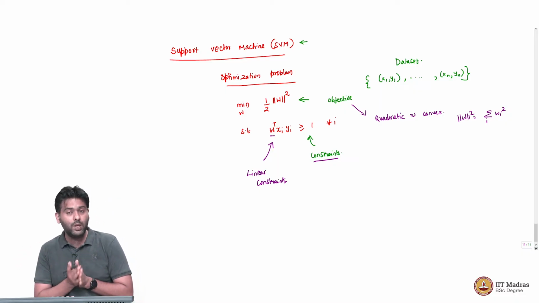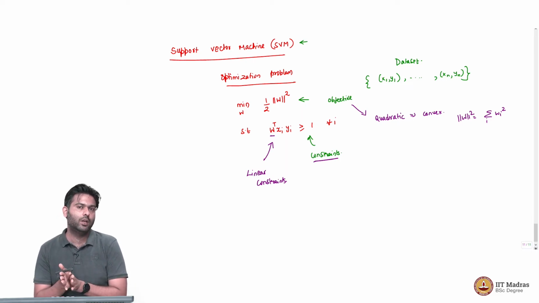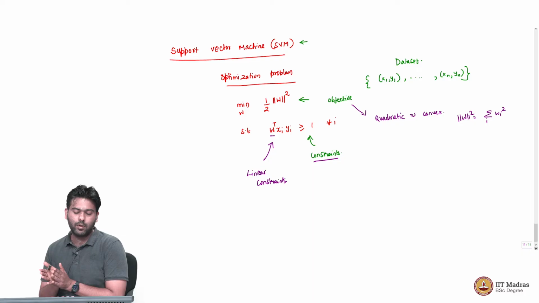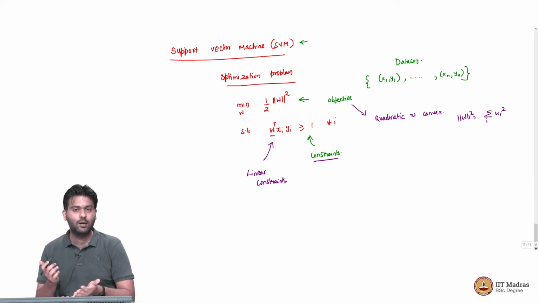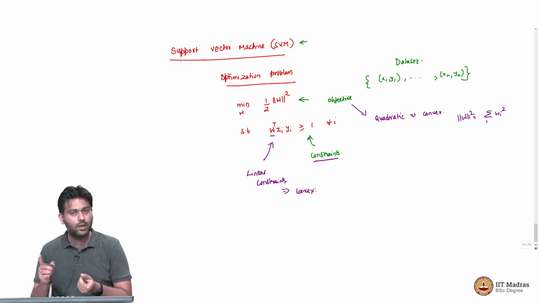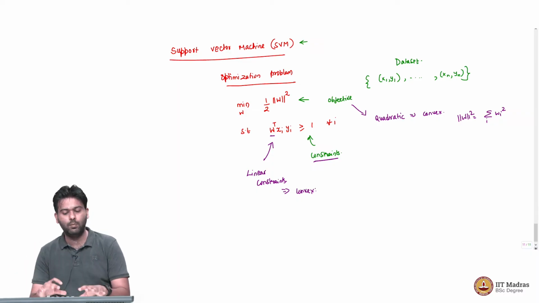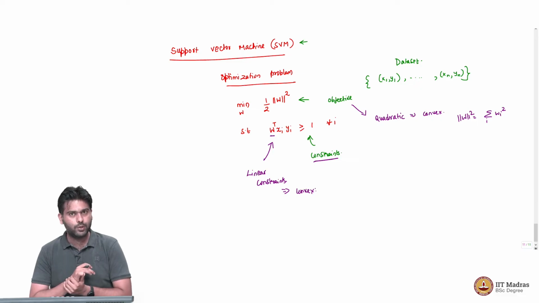Now, this means that for such a problem, if I write down the Lagrangian and write the primal problem, because these linear functions are convex and quadratic functions are also convex, strong duality is going to hold, which means that I can swap the min and max and try to solve the dual problem of this particular optimization problem.